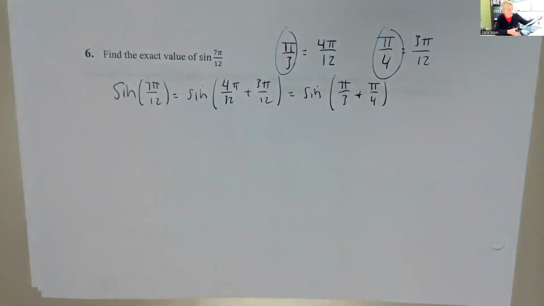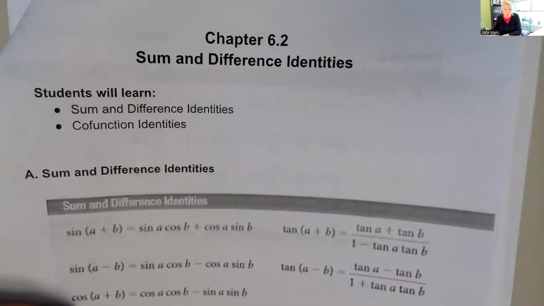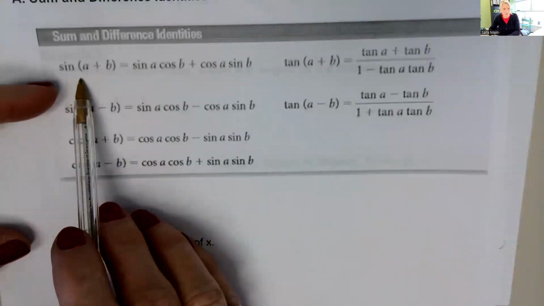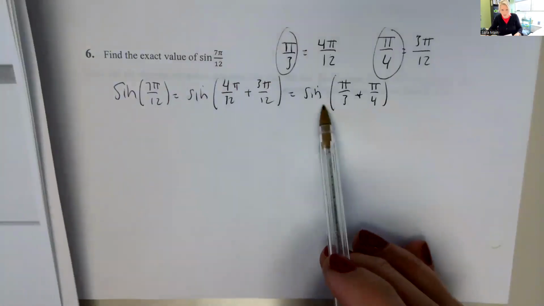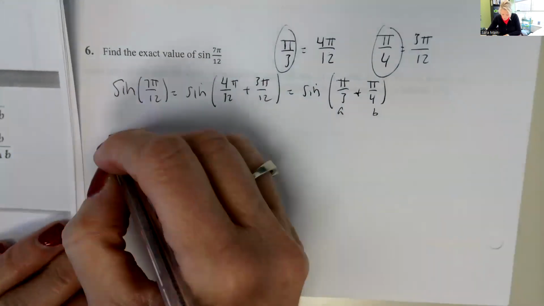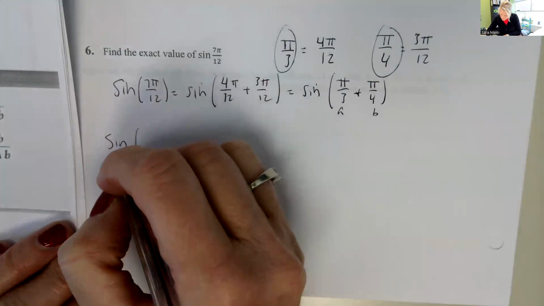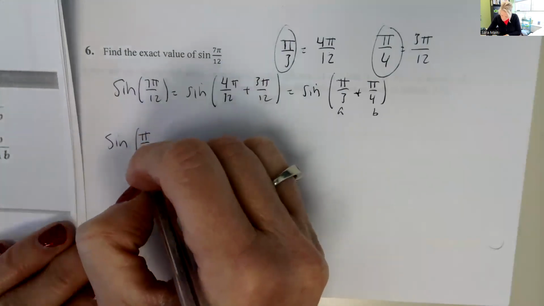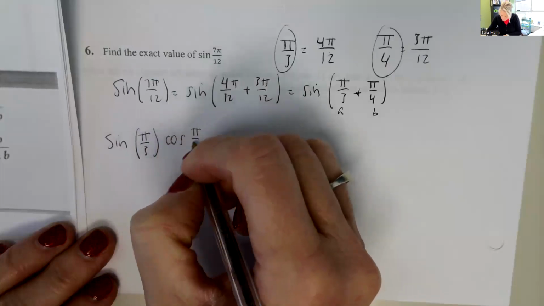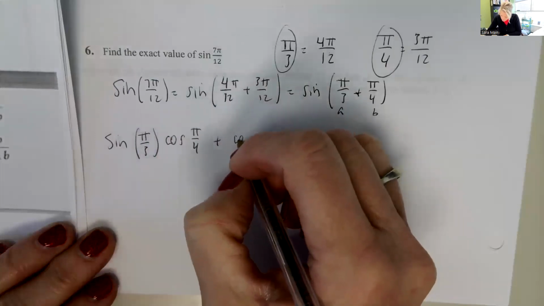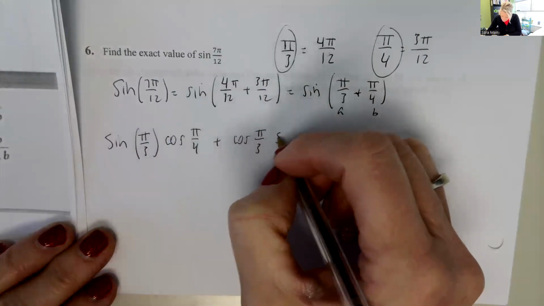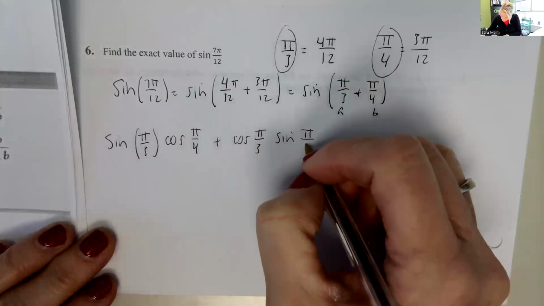I'm going to go to my 6.2 identities, my sum and difference identities, and look at the sine of a plus b, where a is pi over 3 and b is pi over 4. So I'm going to take the sine of pi over 3 times the cosine of pi over 4, plus the cosine of pi over 3 times the sine of pi over 4.